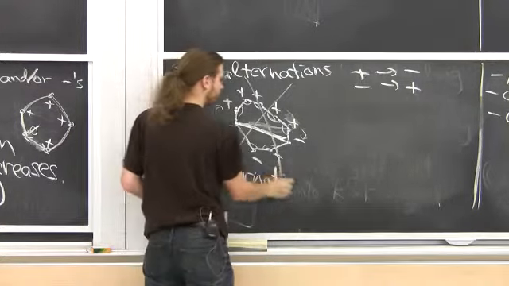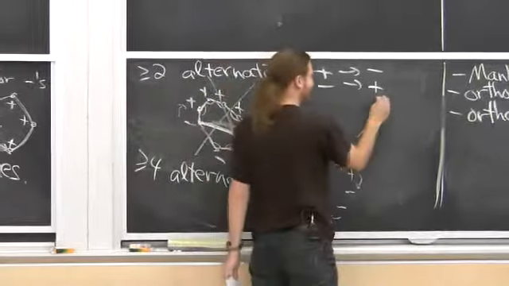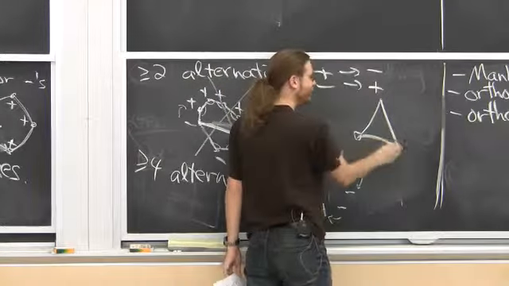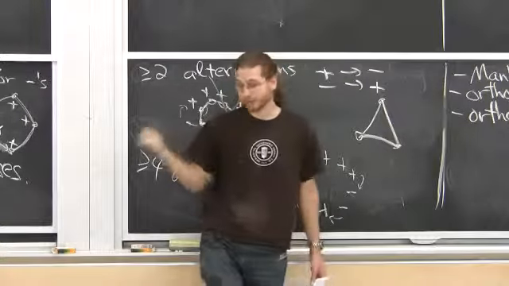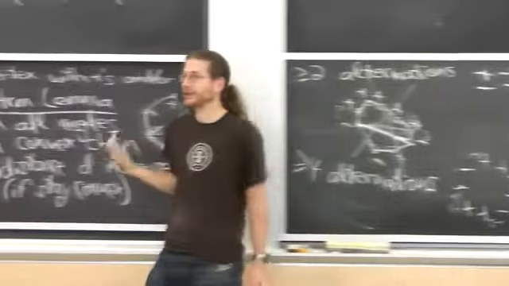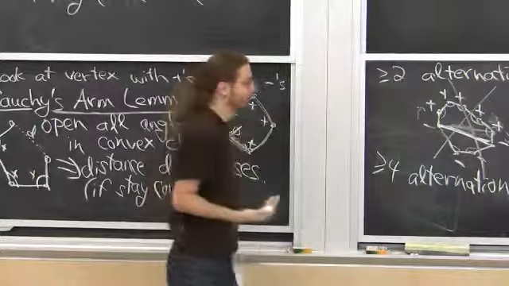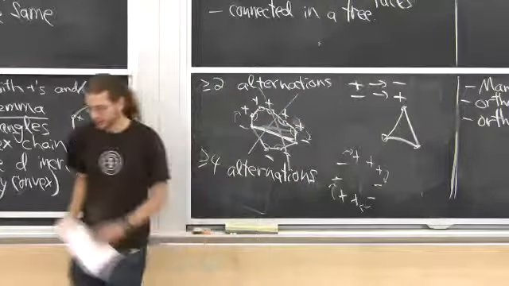You might think, well, what happens if there's only 3 vertices? Then you can't have these 4 alternations. Well, yeah, you can't have those 4 alternations, because if you have a triangle, even on the sphere, triangles are rigid. So you would know, if I had a degree 3 vertex, that locally that thing is rigid, it can't flex at all. We're only interested in cases where it might flex locally at a vertex, like the pentagon, like a quadrilateral.